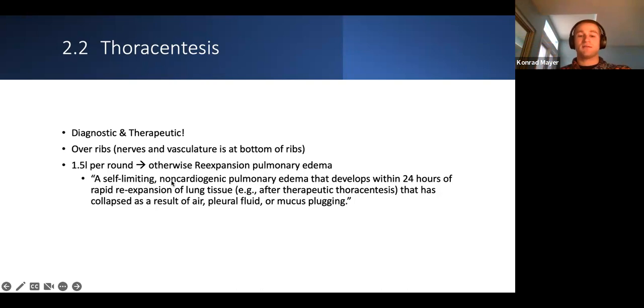It is a self-limiting, non-cardiogenic pulmonary edema that develops within 24 hours of rapid re-expansion of lung tissue. So if we take out a lot of pleural effusion at once, the lung rapidly expands, and this can cause a non-cardiogenic pulmonary edema. That is just something to watch out for. And if the attending asks you how much pleural effusion we should take out at once: 1.5 liters, never more.